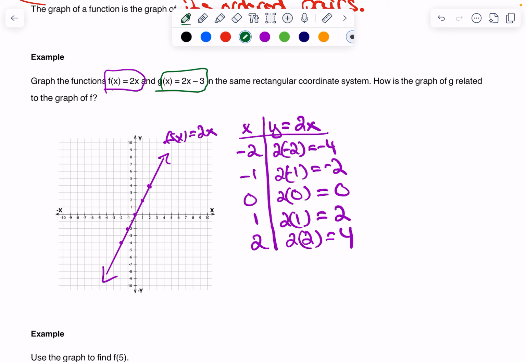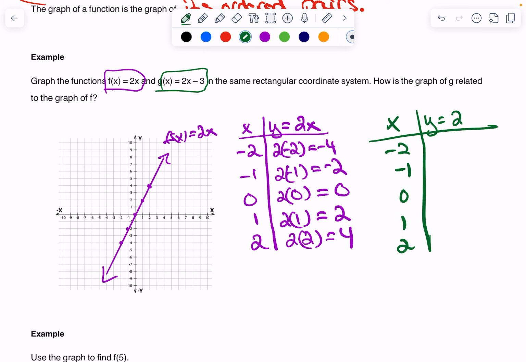Now we're going to do the same thing with the g of x. So we're going to plot the same x's, I should say. So -2, -1, 0, 1, and 2. And our y is now 2x minus 3. So 2 times -2 minus 3. So -4 minus 3 is -7.